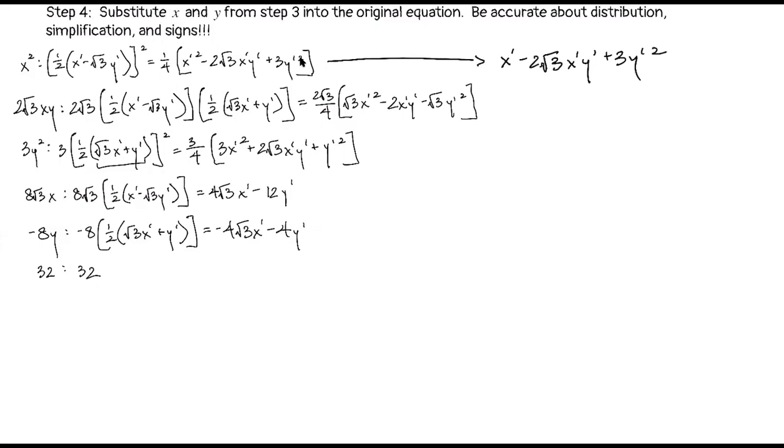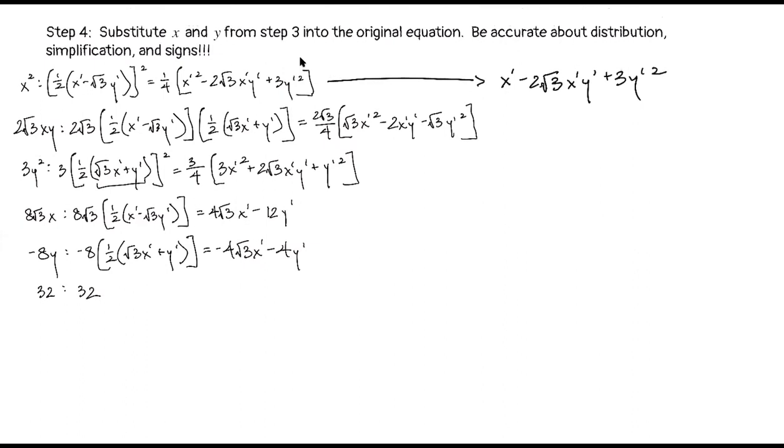Okay. So without that 1/4 in the front, it already looks a little bit more manageable. If I multiply the second one by 4, then all I'm distributing is this 2 root 3 to all 3 terms. That's going to give me 6x prime squared minus 4 root 3 x prime y prime minus 6 y prime squared.